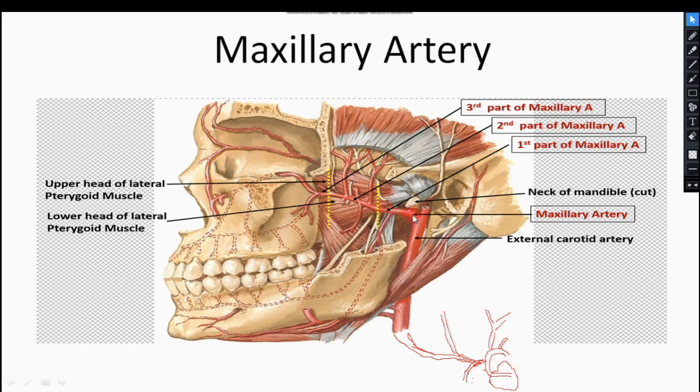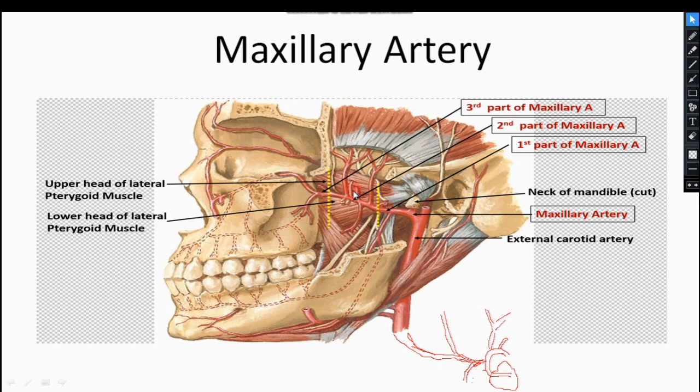Now the first part of the maxillary artery, this is the first part, is known as the mandibular part. Why do we say mandibular? Because it is related to the mandible. The second part of the maxillary artery is known as the pterygoid part. Why is it pterygoid?